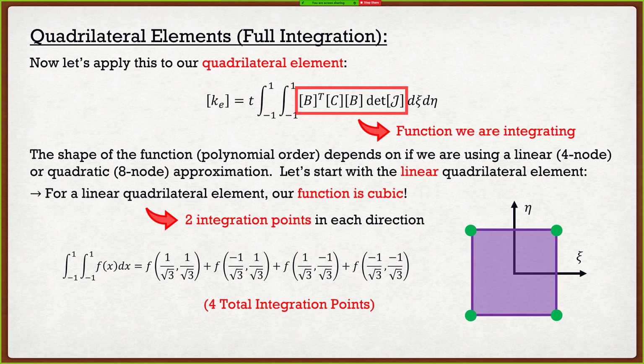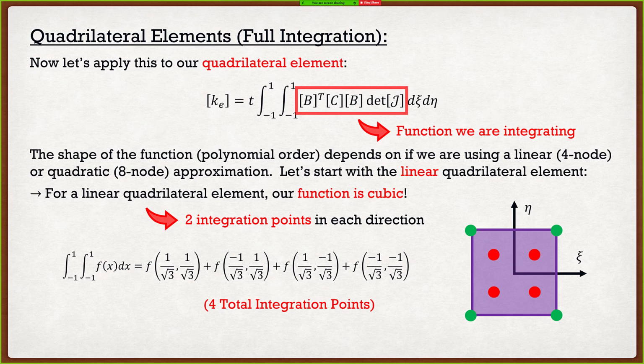Now, if I were to take our element, which looks like this in our natural coordinate system, and plot those integration points, it's going to look something like this. When you guys are in Abaqus and probing those elements for values, one of the options it will give you is, do you want the value at the integration points? Now you know where exactly those integration points are. And this is great.